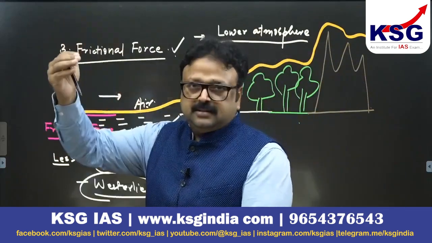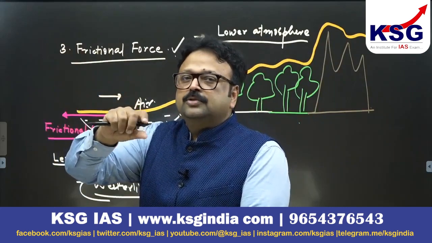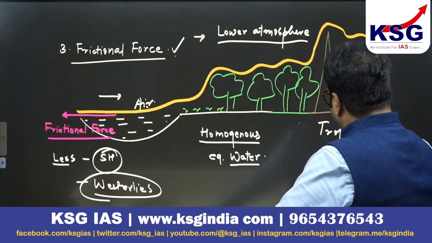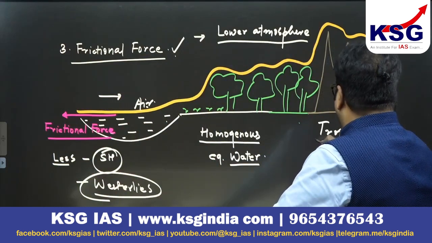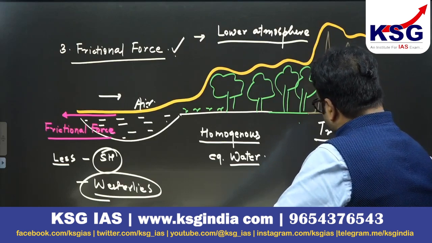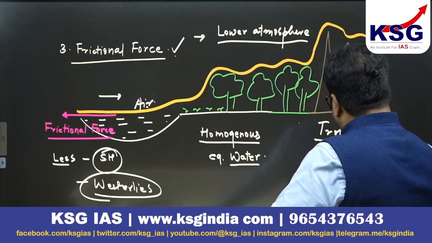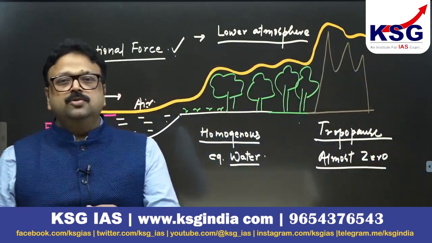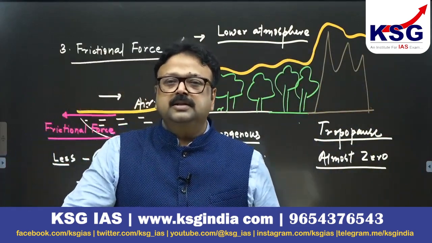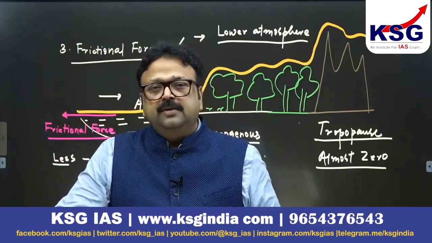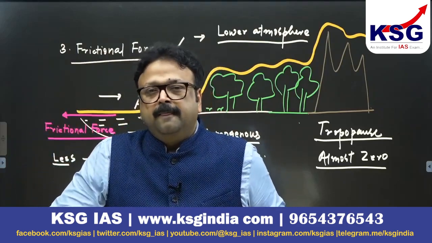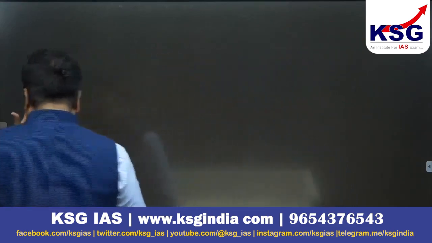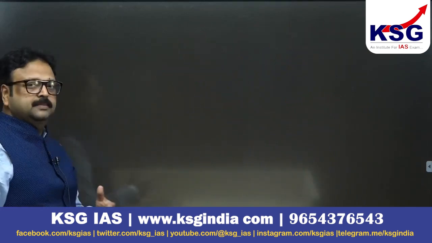As the height increases, this frictional force is going to be least, and in the upper atmosphere near the tropopause you will find almost zero friction. And this zero friction is responsible for geostrophic wind, which will be discussed in a later phase of this video.